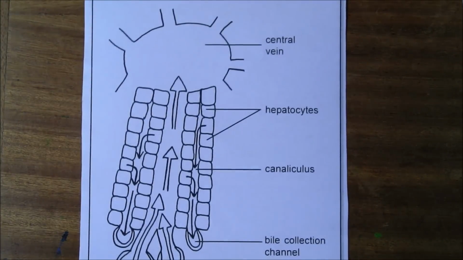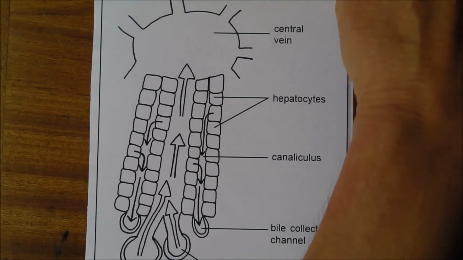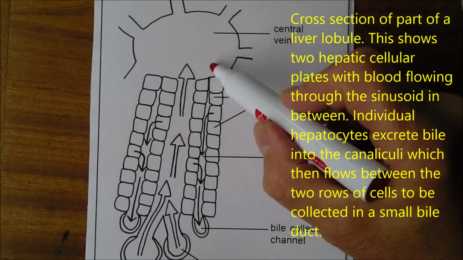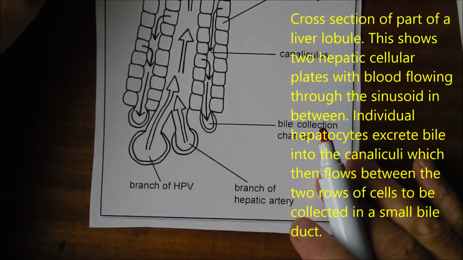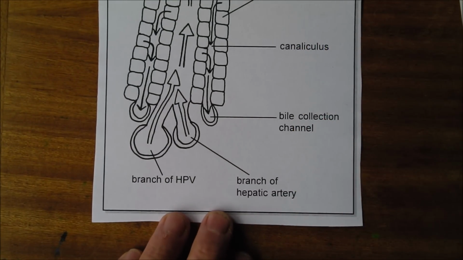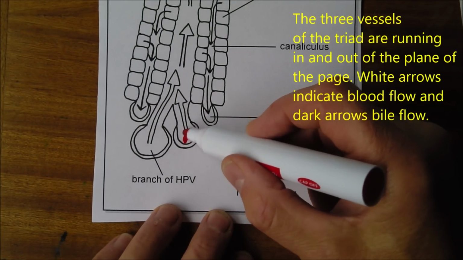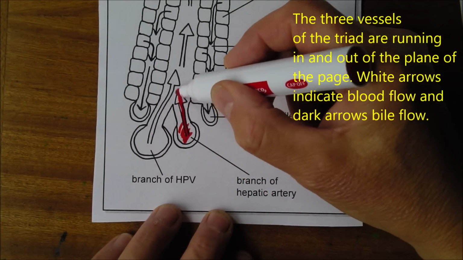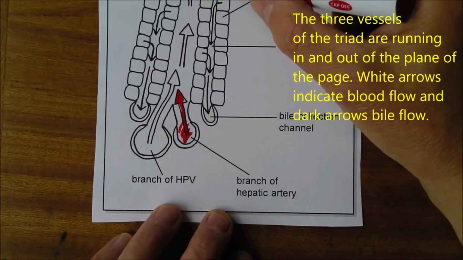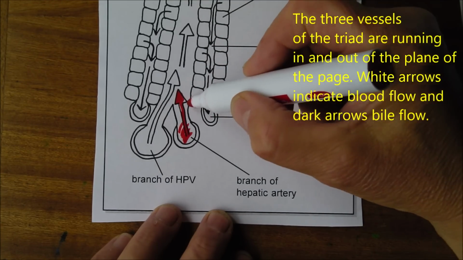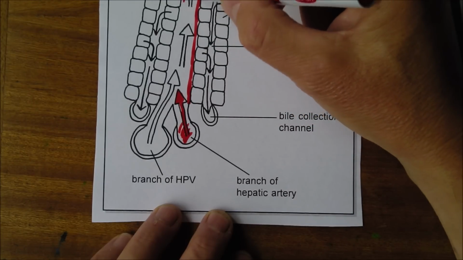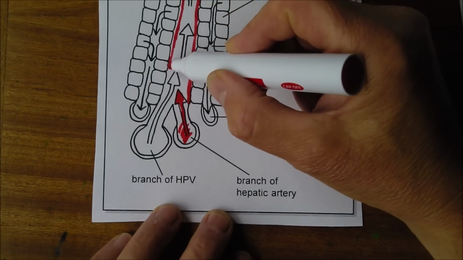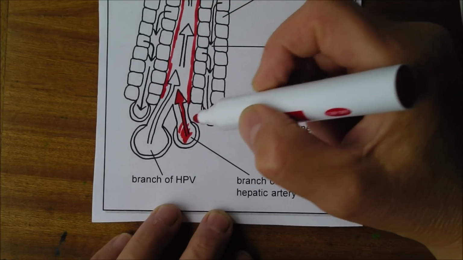And carrying on with this explanation, let's look at another diagram. So here we have the central vein on top here. Now, here we have a branch of the hepatic artery taking blood into the sinusoid. So this is the sinusoid here, taking the blood through to the central vein.